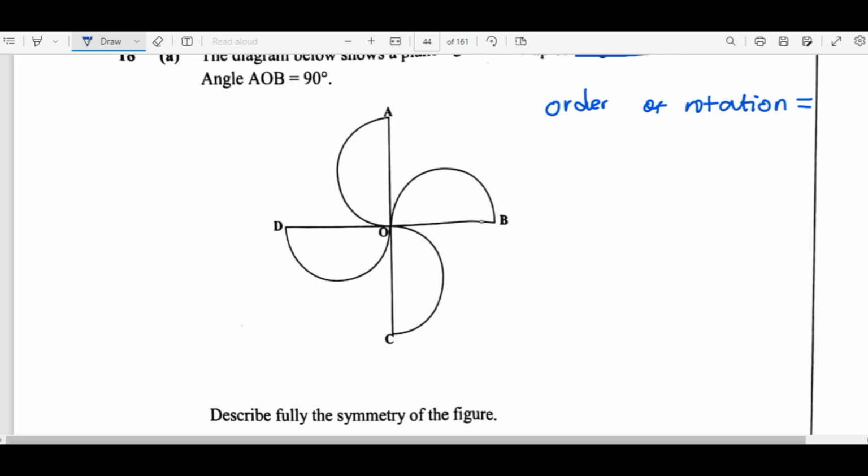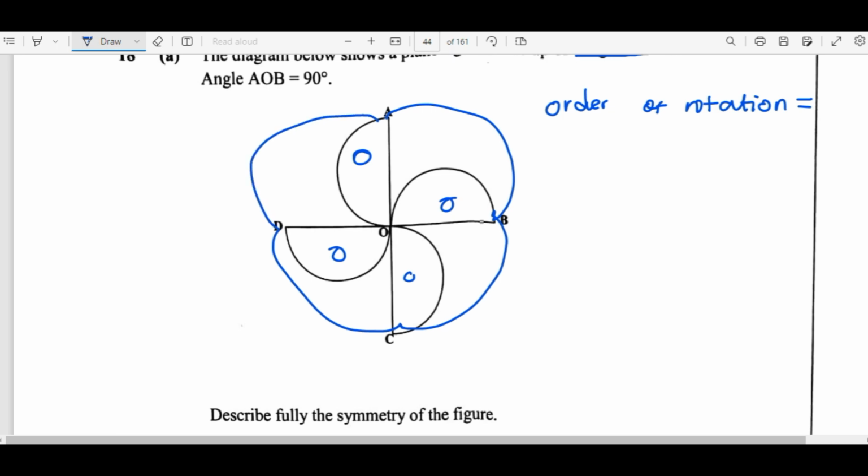For example, point A. How many times can we rotate point A to go back to this position? So remember, these shapes are the same. So if these shapes are the same, then each rotation will fit. So if this A goes on this one, it will fit. Then 2, 3, 4. So the order of rotation is equal to 4.